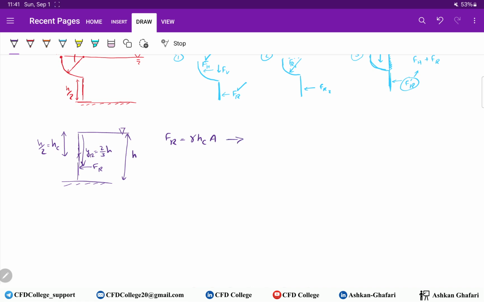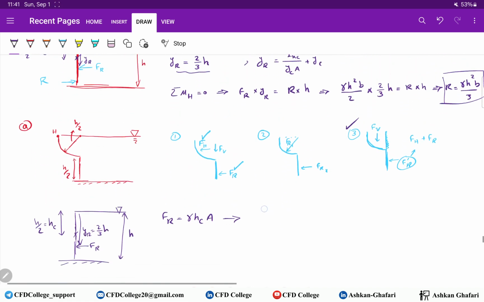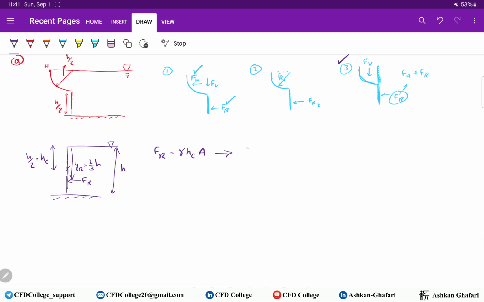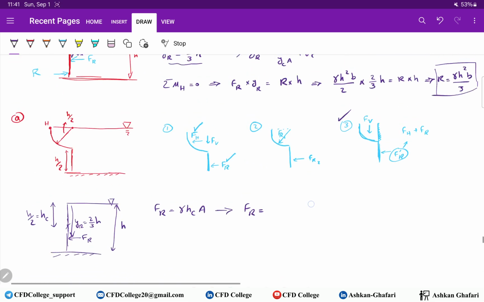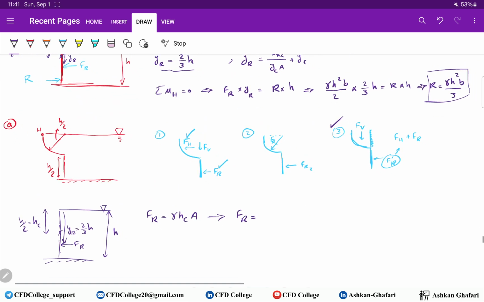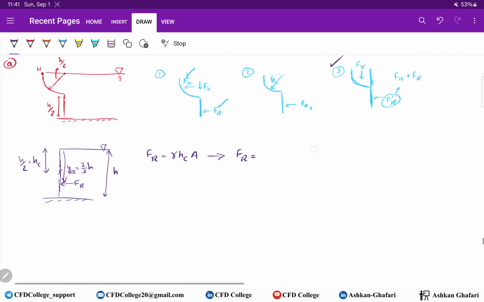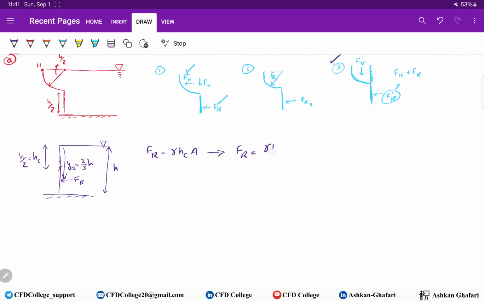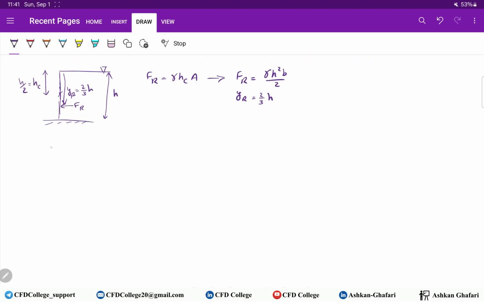As I mentioned, it's similar to what we have done in this part. So Fr equals gamma h square b divided by 2, and we know yr equals 2/3 of h.